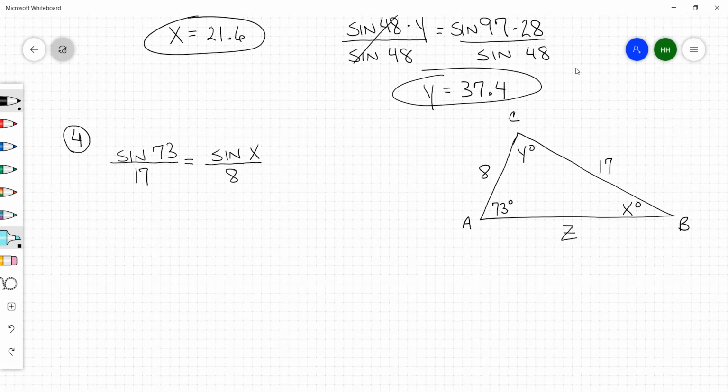So we're going to crisscross multiply here. We're going to say sine of x times 17 equals sine of 73 times 8. Then, pay attention. This is important. We're going to divide both sides by 17.